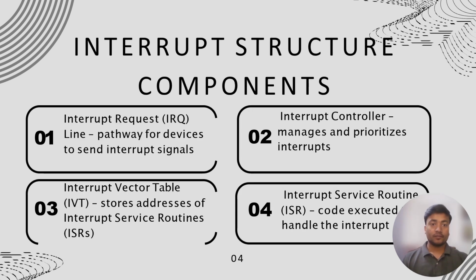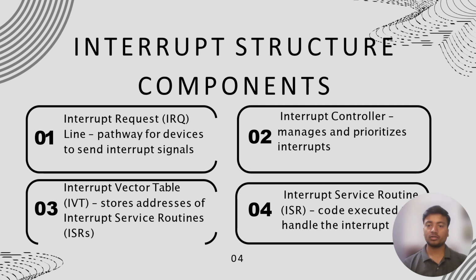Next, interrupt structure components. First component, interrupt request, in short IRQ, a line or pathway for a device to send an interrupt signal. It is basically used to send the signal to the CPU to interrupt.